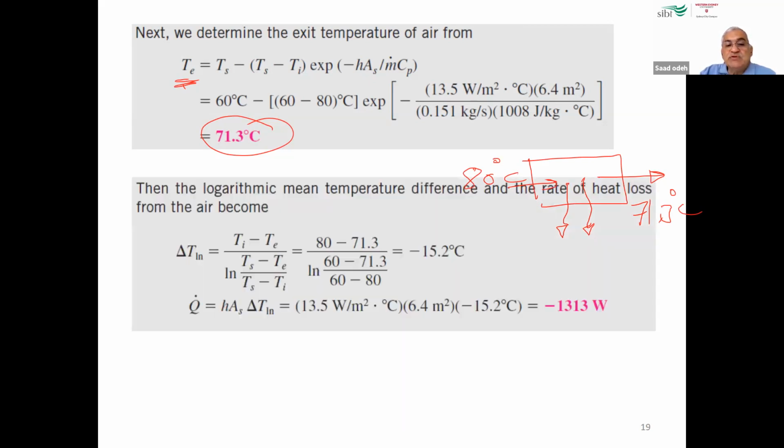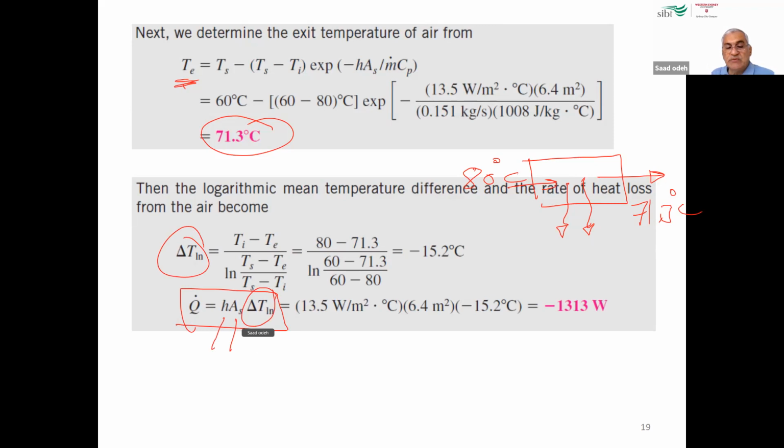All right, and to find out the heat transfer, again, because it's a constant surface temperature case, we need to find delta T lm, the logarithmic mean temperature difference. As you can see here, this equation requires the h value, requires the surface temperature, and also requires the delta T lm.